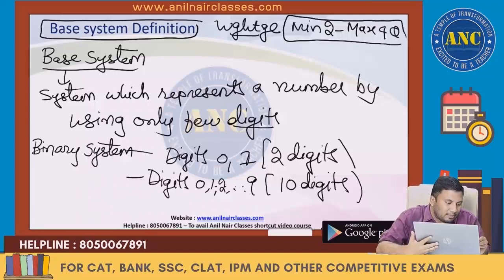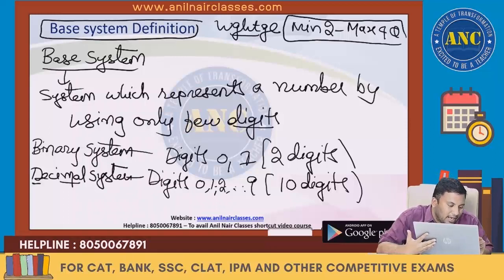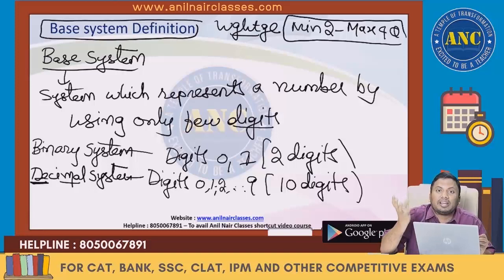So this system is called a decimal system. DEC is 10, MAL is 10 digits. A system which uses only 10 digits is called a decimal system. A system which uses only 2 digits is called a binary system.